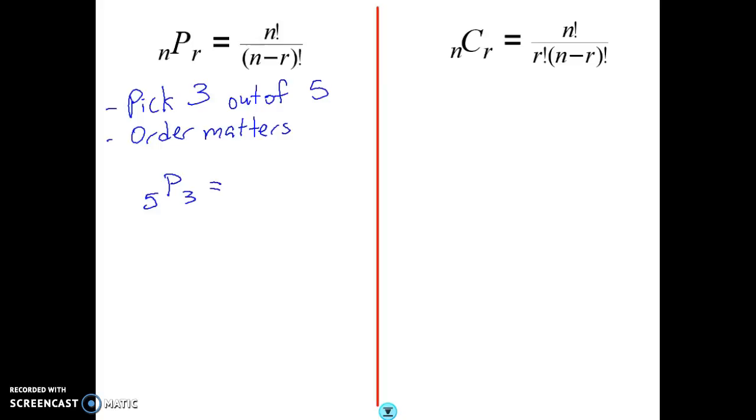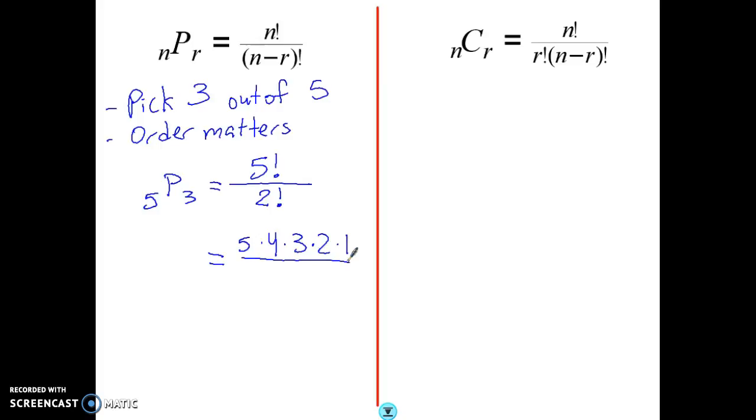The number of possible ways we can do this can be calculated using this formula. So remember, n in this case is 5, so it'll be 5 factorial over n minus r. Well, n minus r is just 5 minus 3, which is 2 factorial. And in case you don't remember what factorial is, 5 factorial just means 5 times 4 times 3 times 2 times 1.